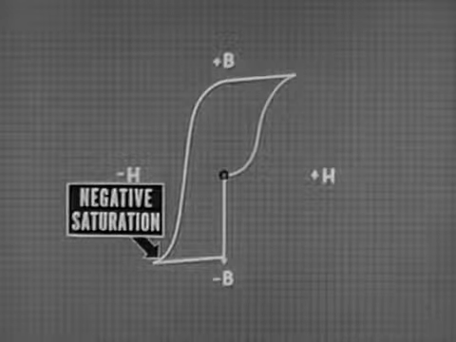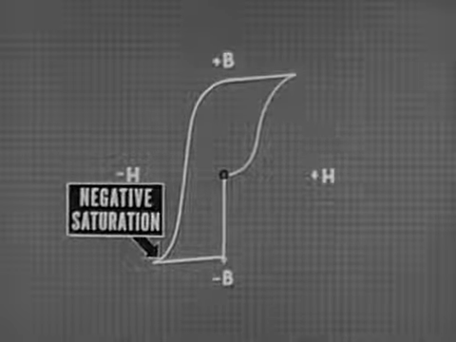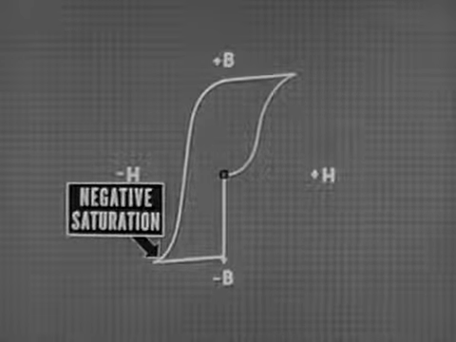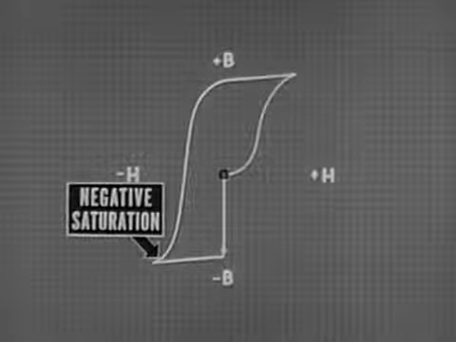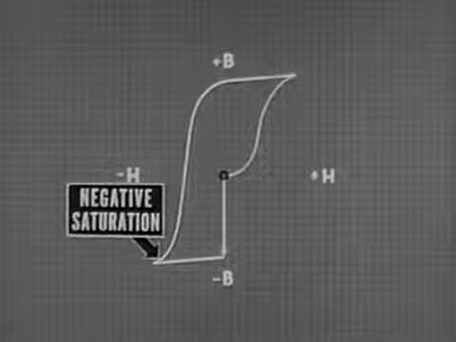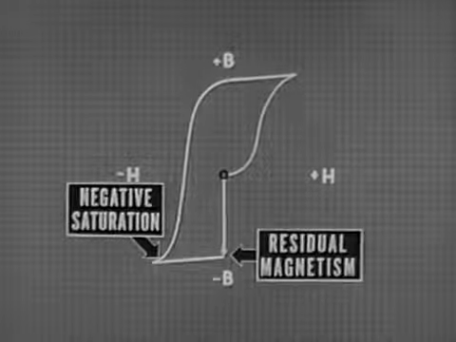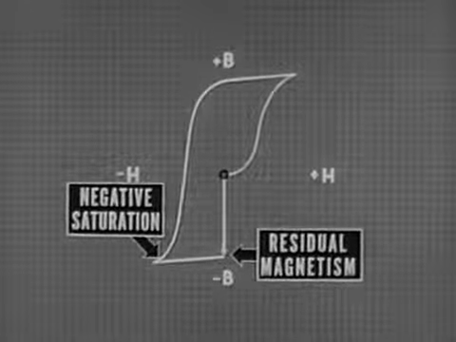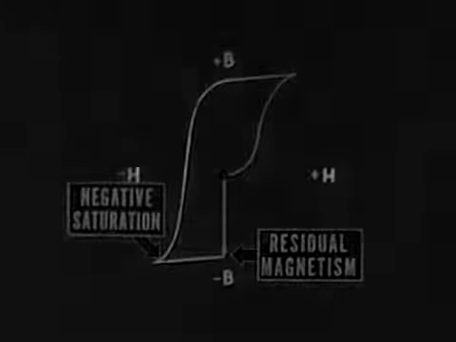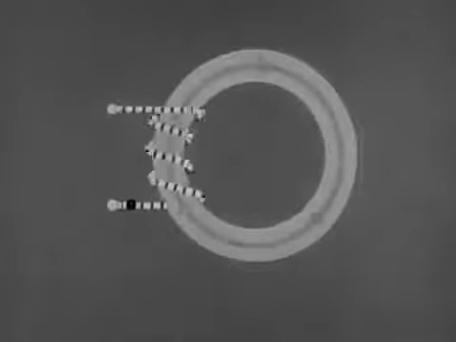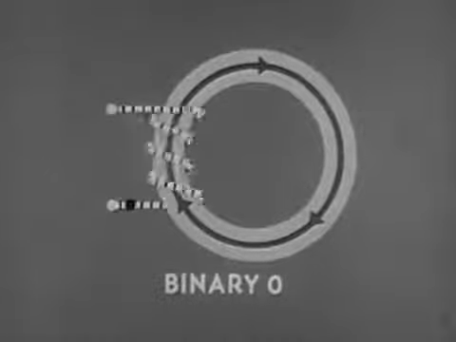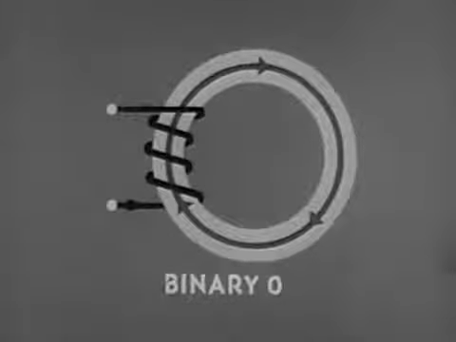The BH curve returns to zero on the horizontal magnetizing force scale, but it remains at almost the saturation level on the vertical flux density scale. In other words, there is residual magnetism in the negative direction too. Therefore, when dot current is fed into the core, magnetism builds up and the core is set to binary zero. Residual property keeps it there.